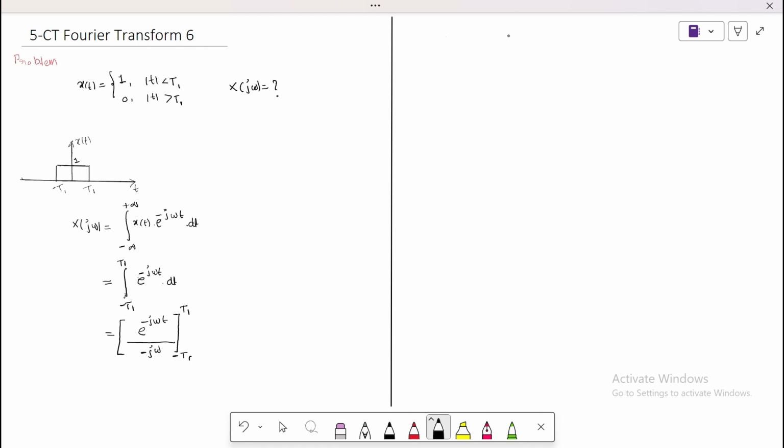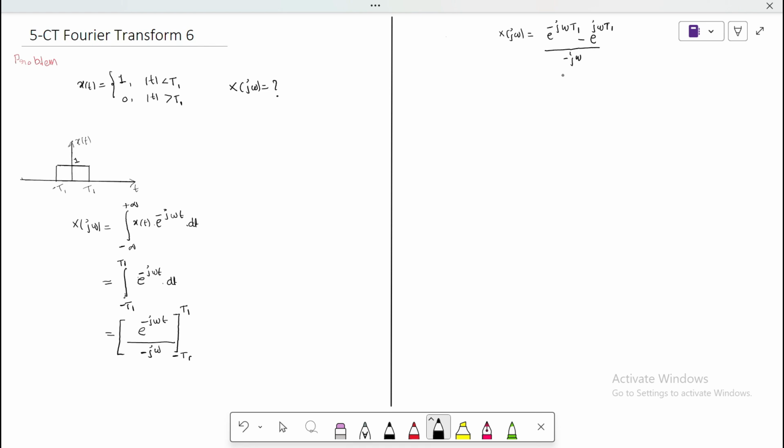So x of j omega, substitute the limit values: e power minus j omega t1 minus e power, lower limit minus t1, so minus to minus plus, j omega t1, by minus j omega.